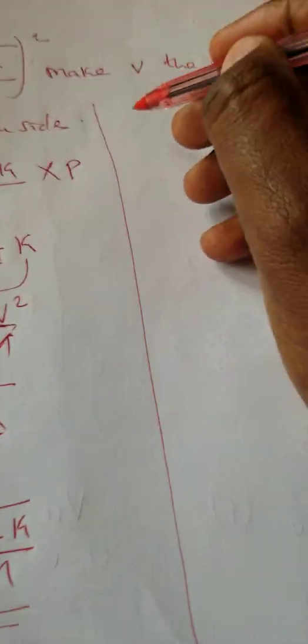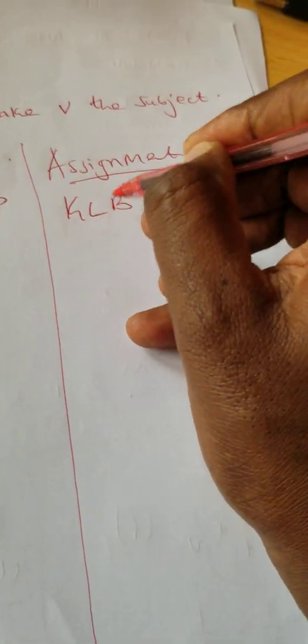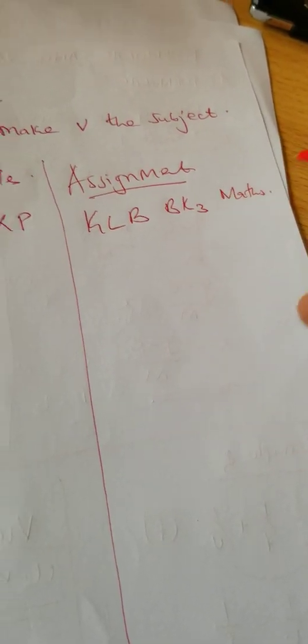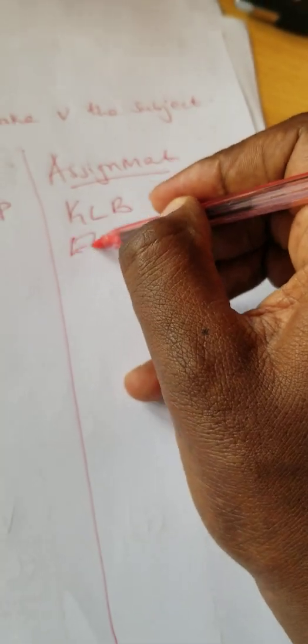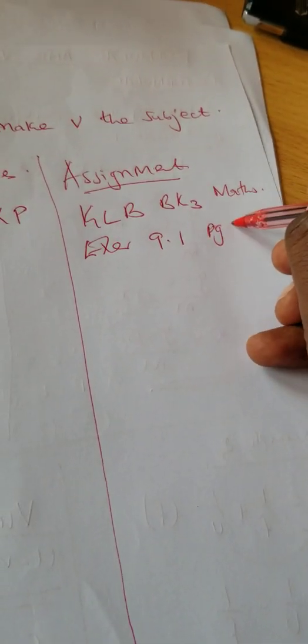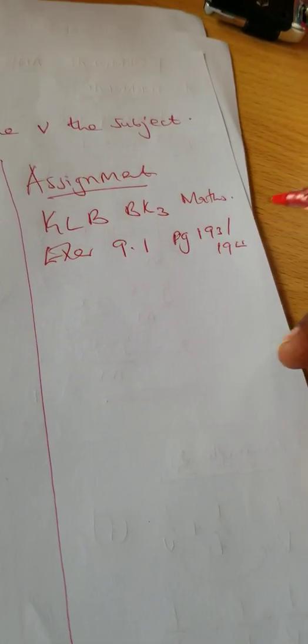Now, our assignment today is from KLB Maths Book 3, exercise 9.1, which is on page 193. It depends on which book you are using.